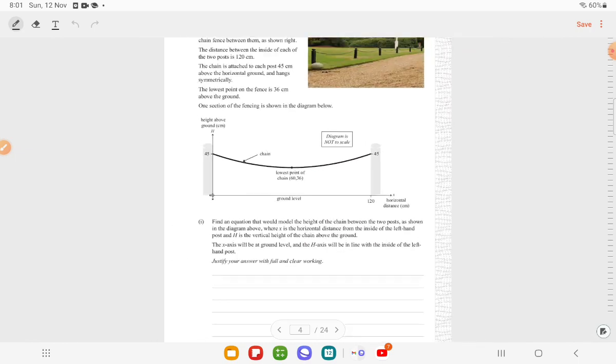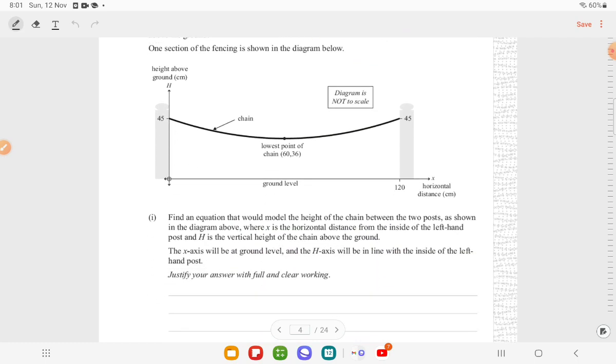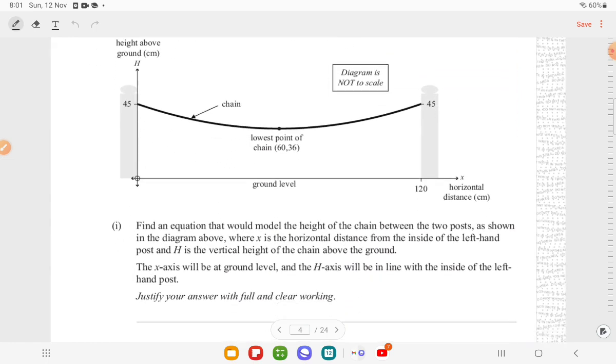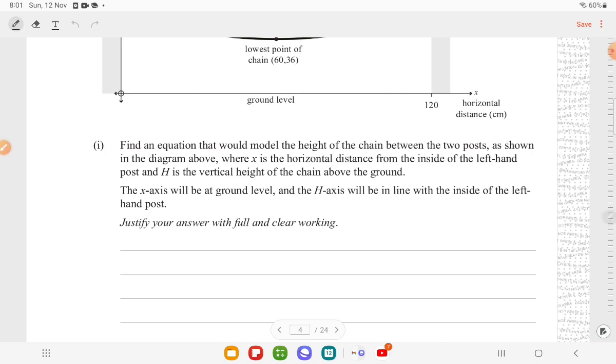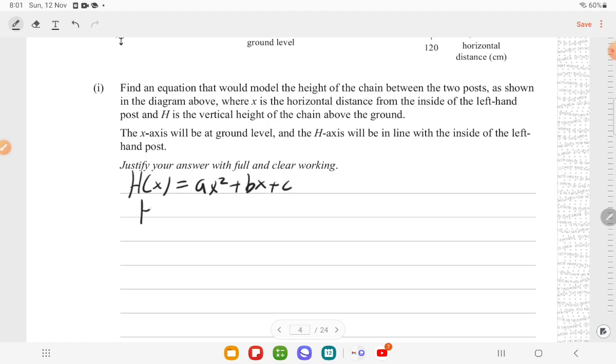So we can graph this in the form of a quadratic, ax squared plus bx plus c, and there is the form called vertex form, which is a(x take away h) squared plus k.